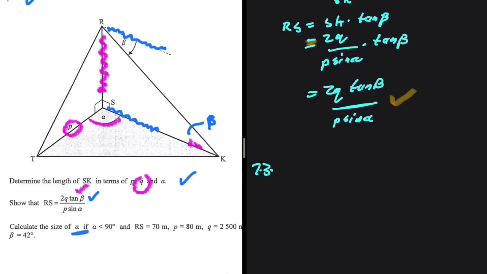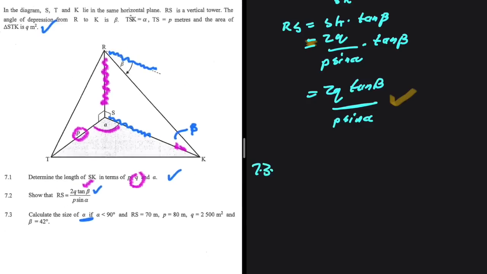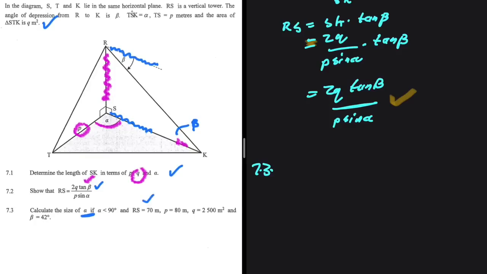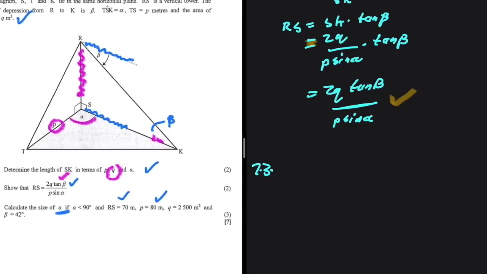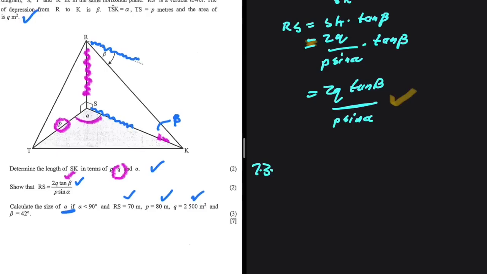Calculate the size of angle alpha if angle alpha is less than 90 degrees. We are told that RS is equal to 70 meters, P is 80 meters, Q is 2,500 meters squared, and beta is 42.